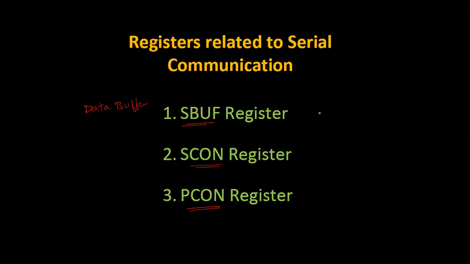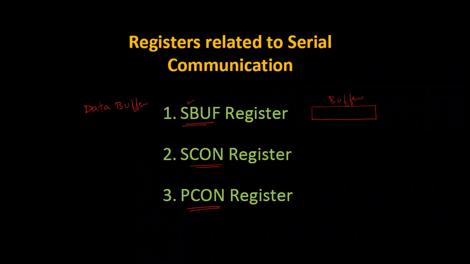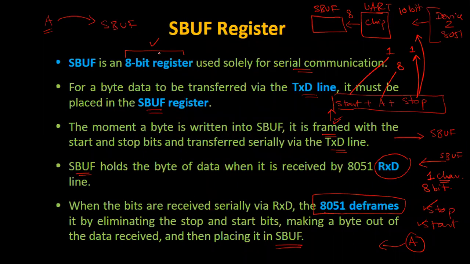So SBUF gives us a data place. Normally you also call it the serial buffer. SCON is the serial control register and PCON is the power control register. PCON will take care of the priority, as we will see. The SBUF register is 8-bit.